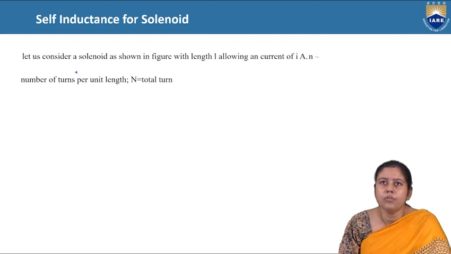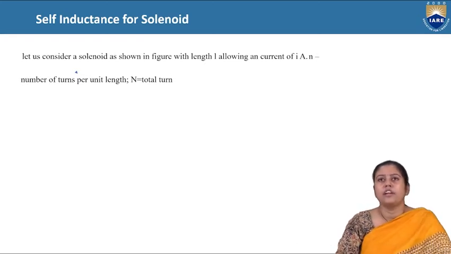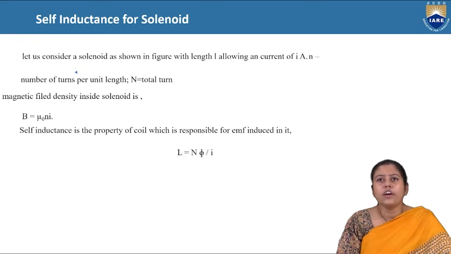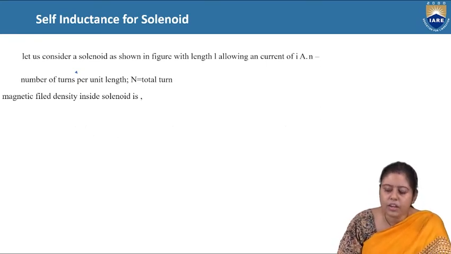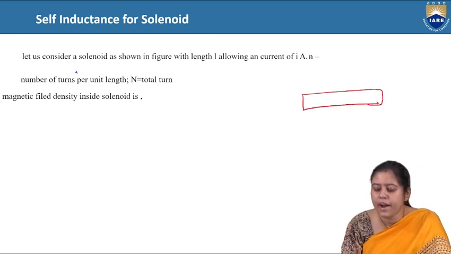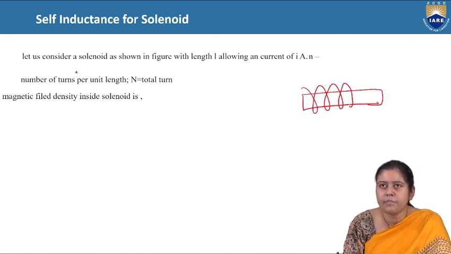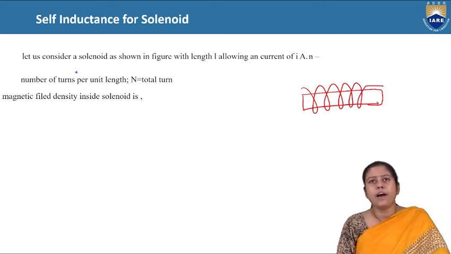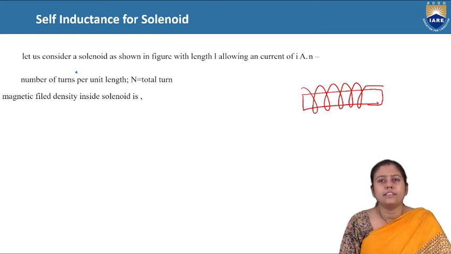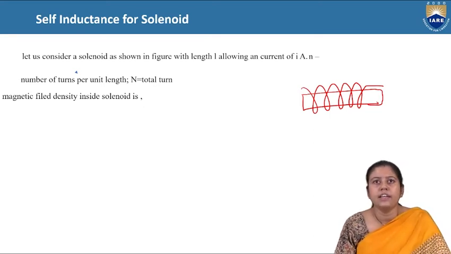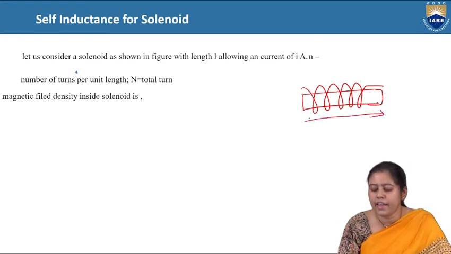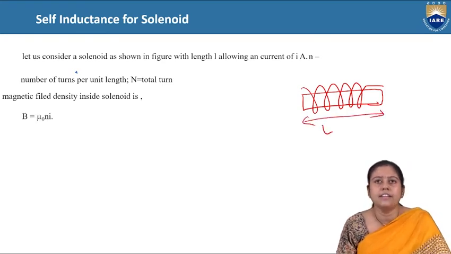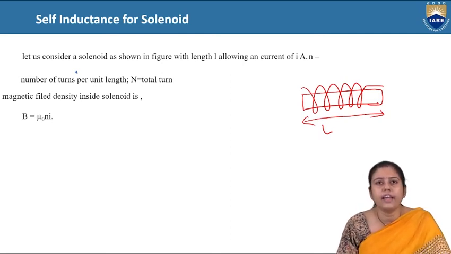So already we know the self-inductance of the solenoid. A solenoid is basically an iron bar on which we can wind some coils like this. If small n is the number of turns per unit length, capital N is the total number of turns, and the length of this is l, then the flux density B equals mu naught n i.